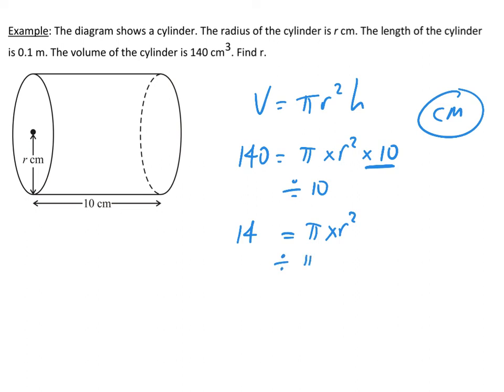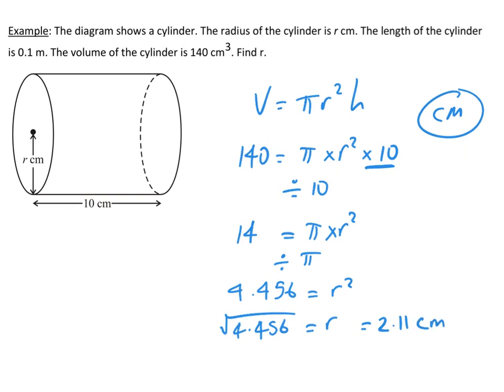Then I can divide by pi to get 4.456 is equal to r squared. And then if I take the square root of both sides, so the square root of 4.456 is going to equal r, which equals 2.11 centimeters. So the radius is 2.11.